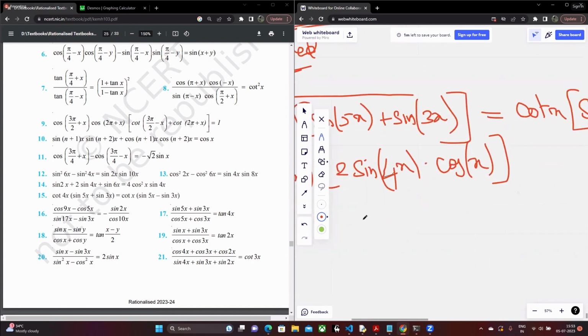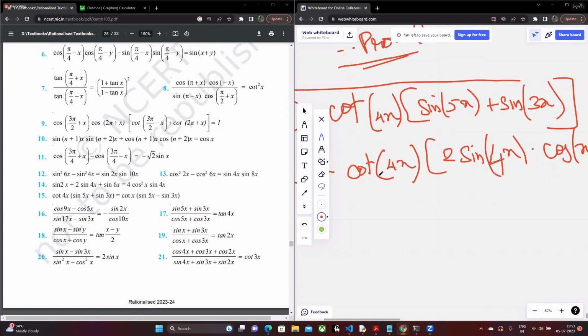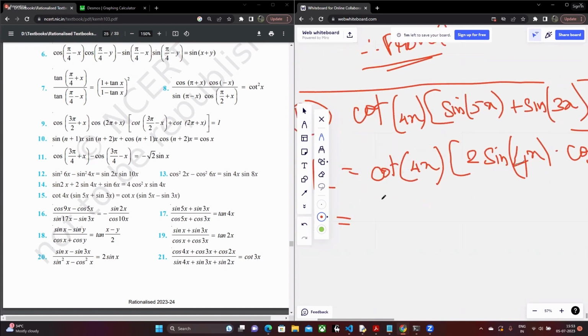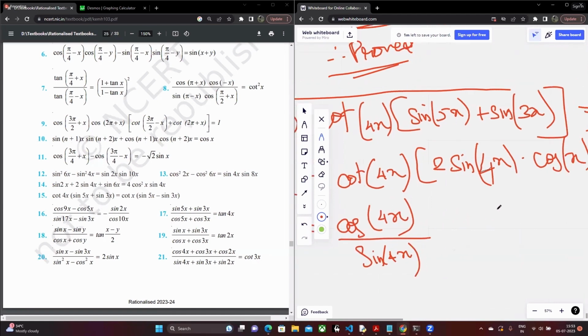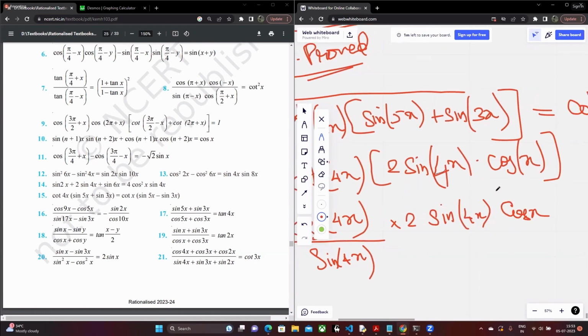So this is basically, if I remove this cot, right, I'll basically resubstitute this as cos of 4x divided by sine of 4x, because that is true, right? So this is going to be cos 4x divided by sine 4x into 2 sine of 4x into cos x, right?